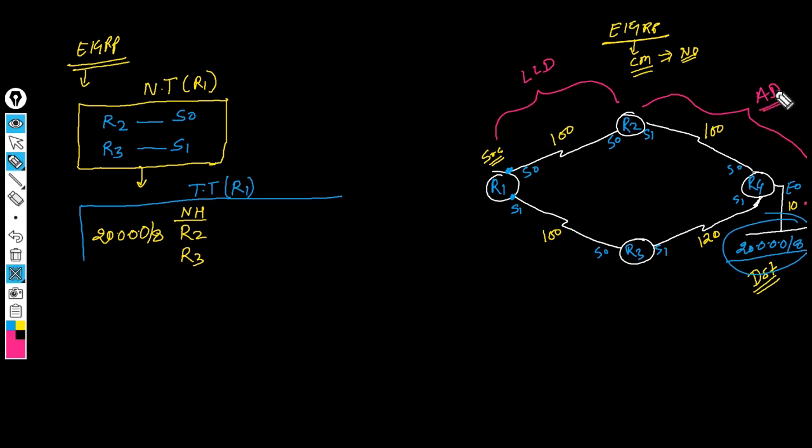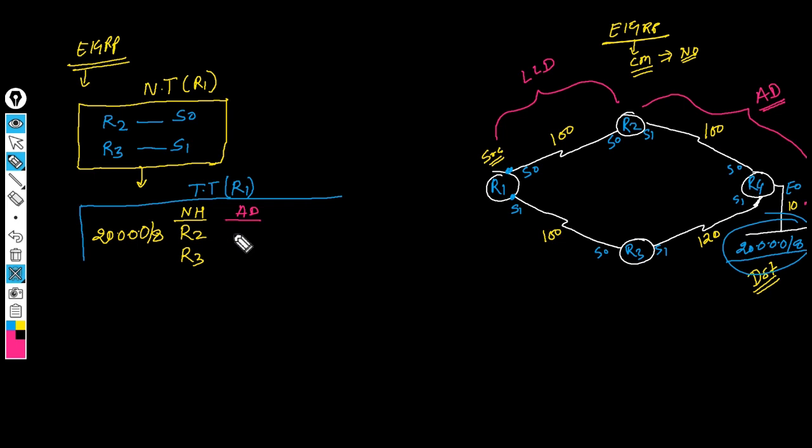Say for example, when it comes to my advertised distance via R2, tell me, what will be the value? 10 plus 100, it will be 110.